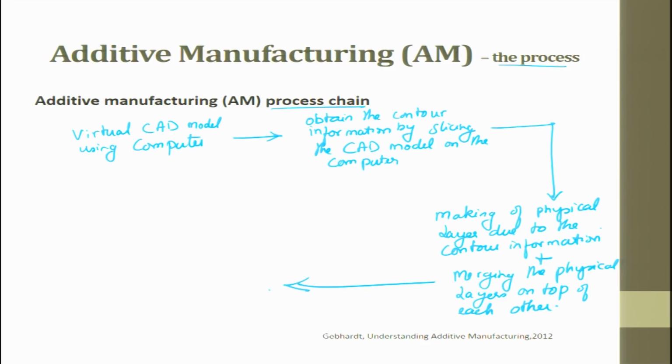Then finally, what we get is a physical additive manufactured part. Okay. So, this is the process chain.